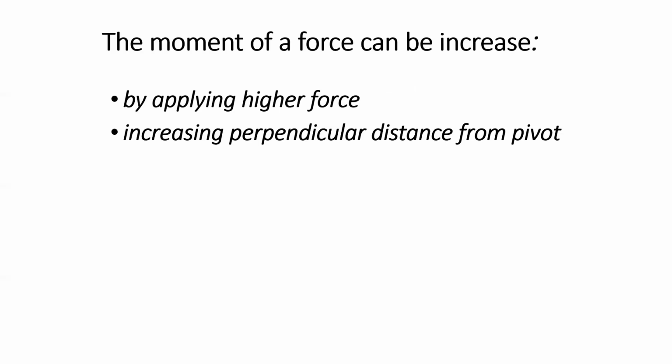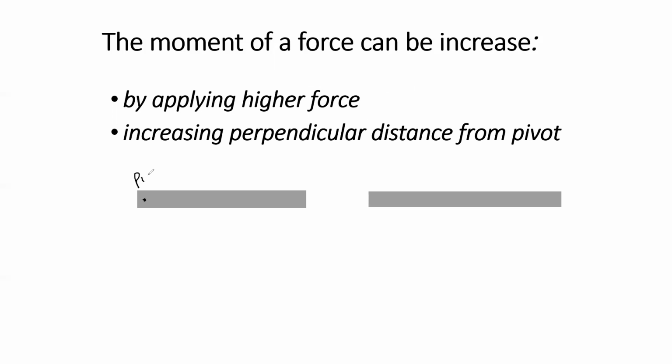So if you have two objects of the same length, each with a pivot, I apply a force of 10 Newton at a distance between the pivot and the force of, for example, 2 centimeter.